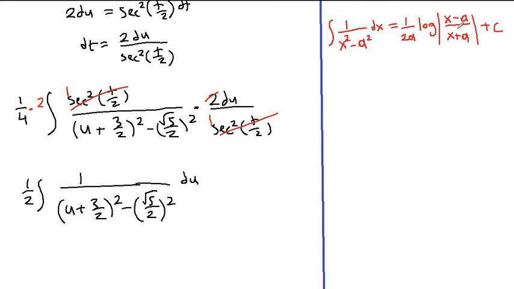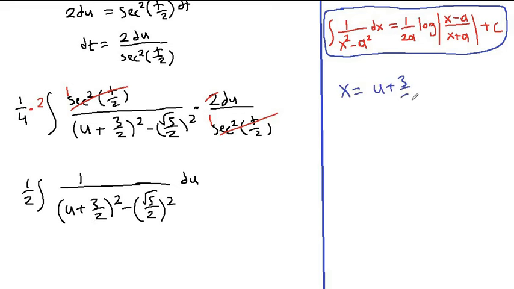I'm not going to show the proof of this because this is our elementary integral template that you can now memorize. I can show the proof later in another video. Here in our case, our x term is u plus 3 over 2, and our a term is radical 5 over 2. So we can replace this with our template integral.